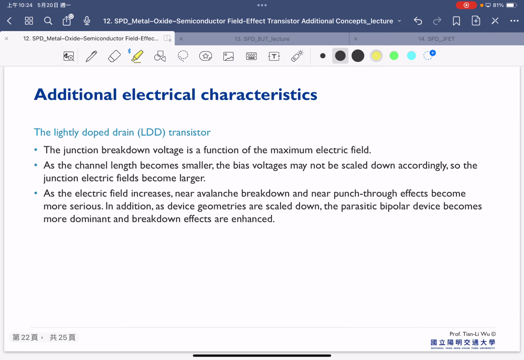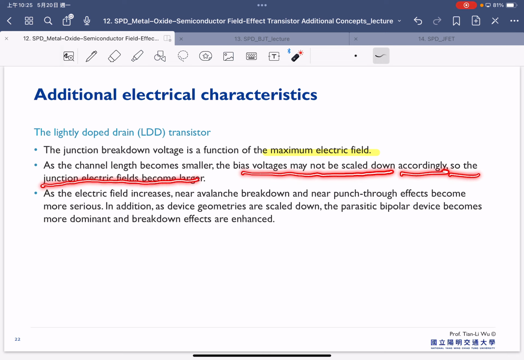And the next one is also a very often used design that we call the lightly doped drain. The junction breakdown voltage is a function of the maximum electric field. As the channel length becomes smaller, the bias voltage might not be scaled down accordingly, so the junction electric fields become larger here.